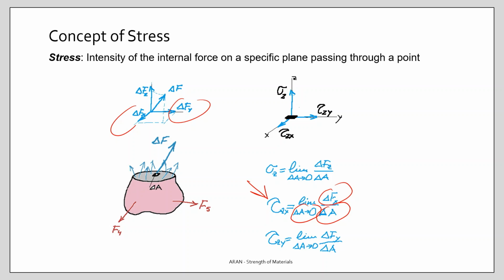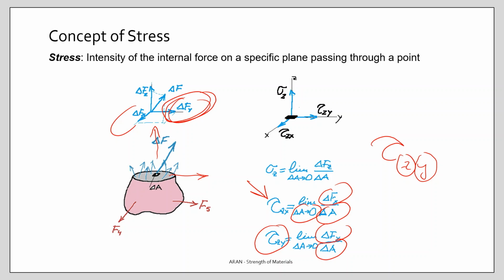And as you see, shear stresses have two subscripts. The first one indicates the normal of the plane on which the force is acting, the second one gives you the direction of the shear stress. The same you can do for the next force. Let's take delta Fy divided by delta A gives you tau Zy.